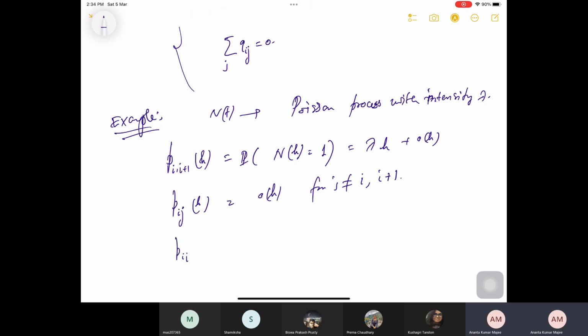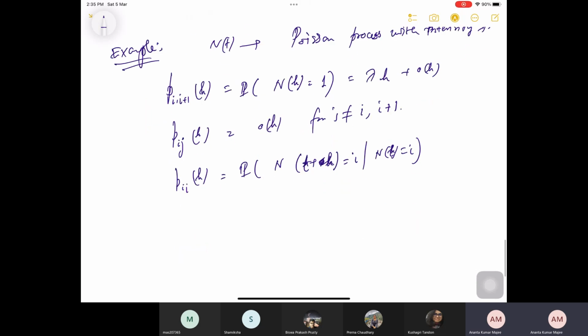And what is your Pii of h? This is nothing but the probability of N(t plus h) equal to i given N(t) equal to i.